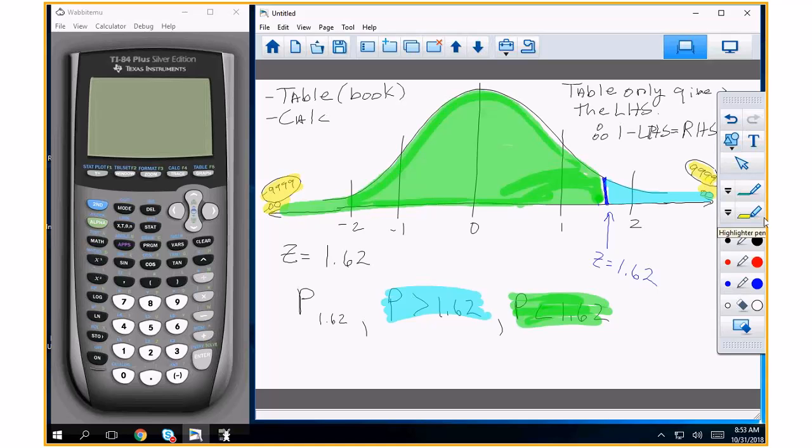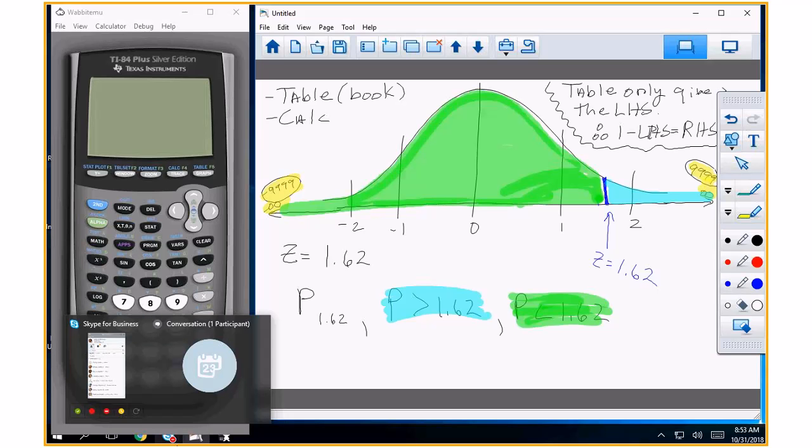Okay, so if you don't have a calculator and you're going to use the book, then you need to write this down over here. Now, y'all don't ask any questions yet, because I haven't started covering it yet. I'm just giving you the highlights. The table only gives you the green side. To find the blue side, you'll have to find the complement, which is what's the area under the curve? 1. And we're going to do that in just a minute.